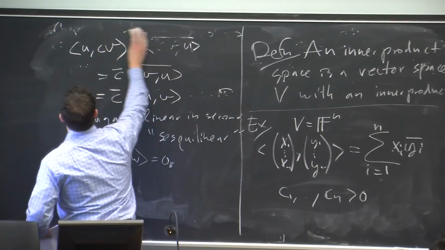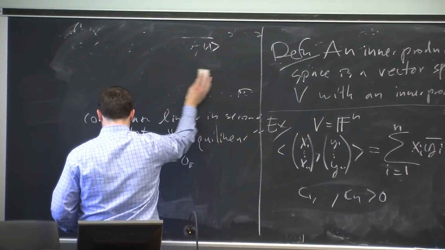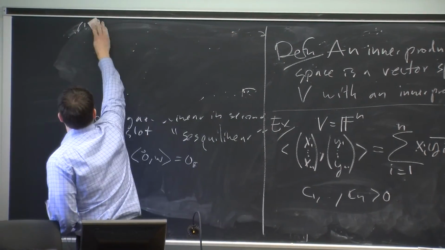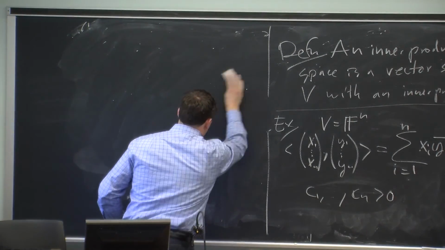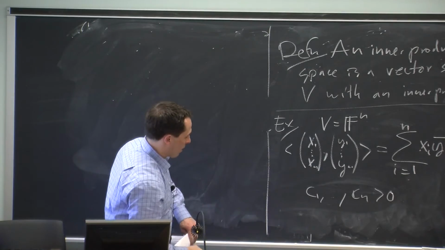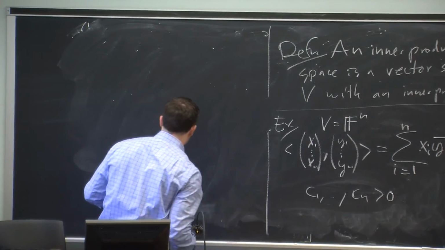And so let's see that length was one of the motivating examples, or things that we desired from an inner product. And let's make sure that we define what it means to do that.